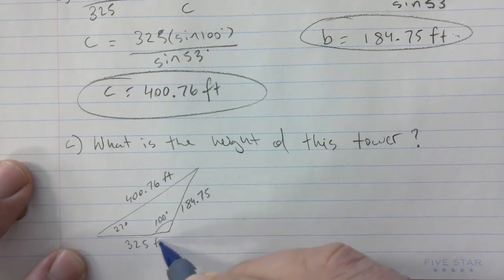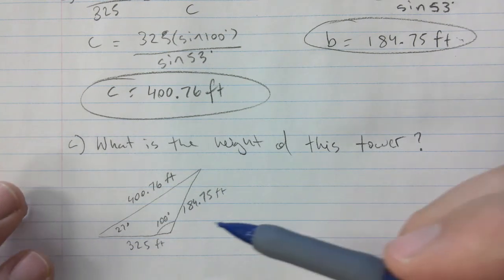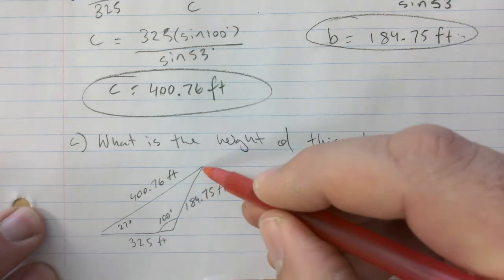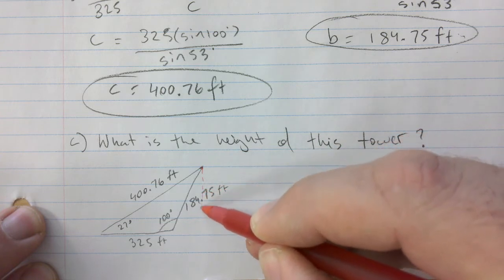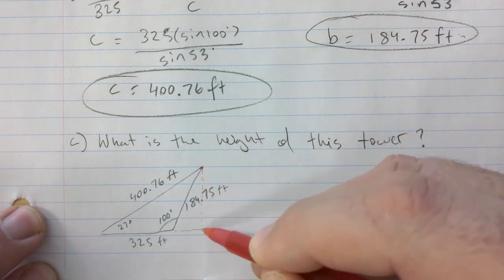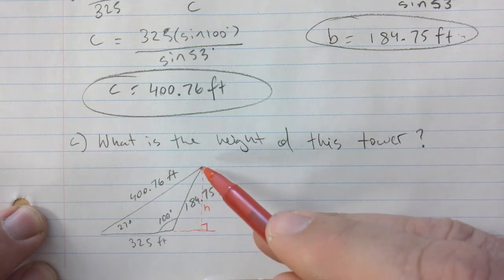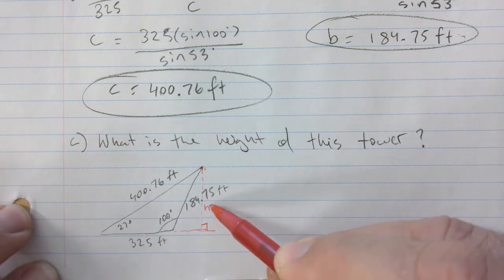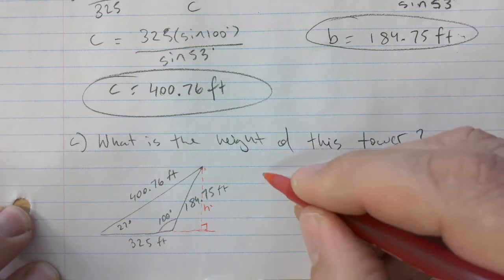So if you remember, if you went through my notes, the height of a triangle is always measured to the top, and it goes right down to the ground. This is the ground here, and it makes a 90. So this is the height of this particular tower. It would be measured from the top right down to the bottom at a 90. That's the height. And there's a little shortcut I gave you for height.